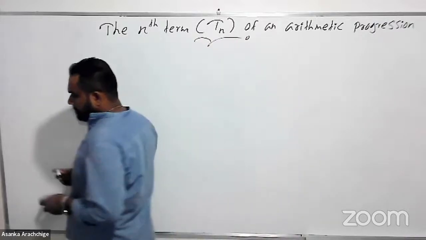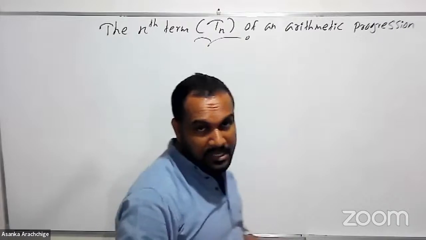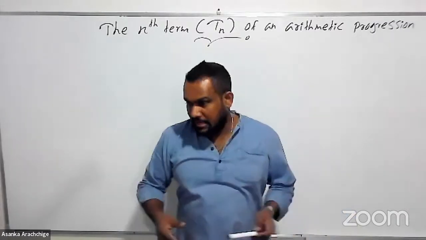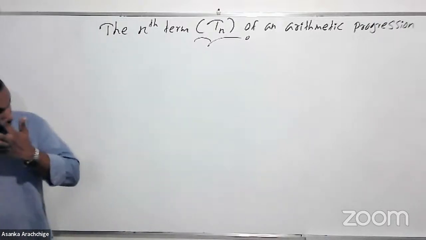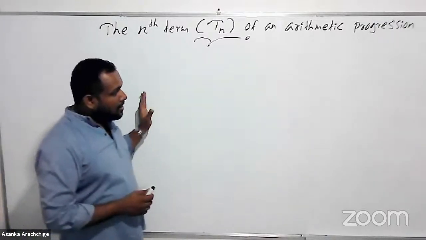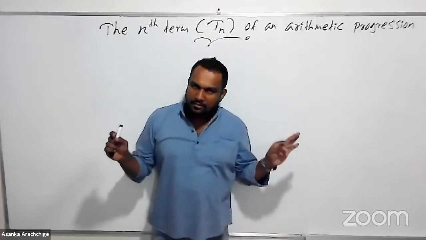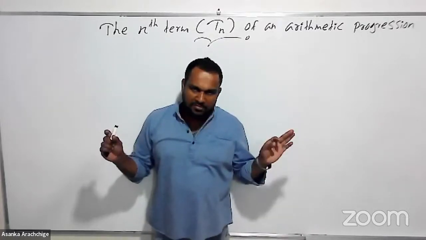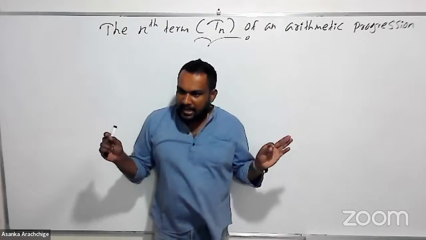The nth term of an arithmetic progression. The general term, the common term, right? Now we are going to build up a common term, general term, nth term, which means a formula for the nth term.